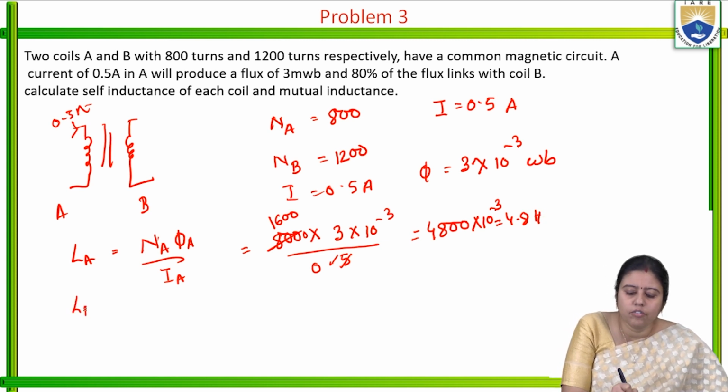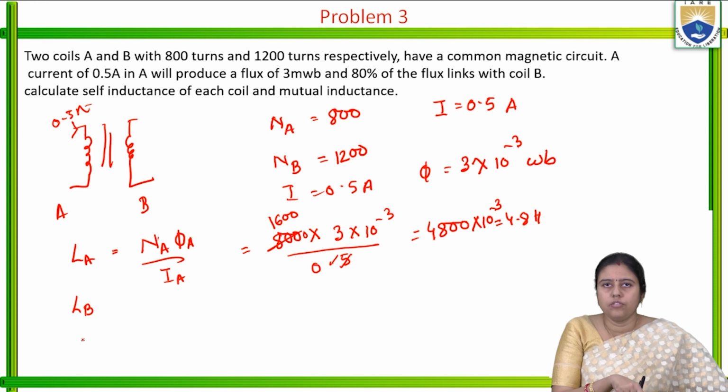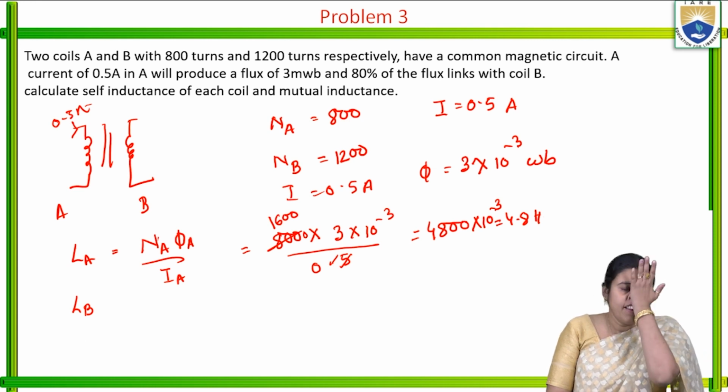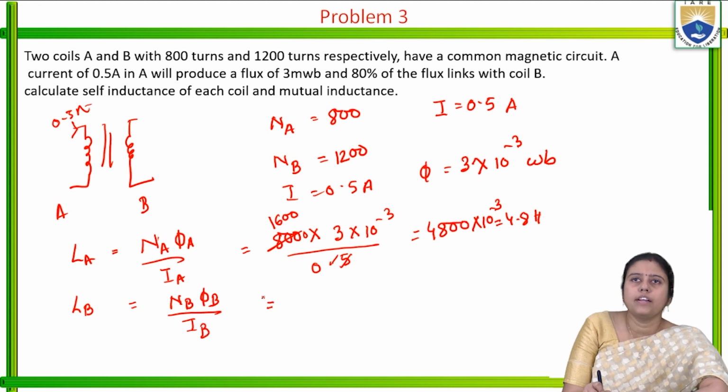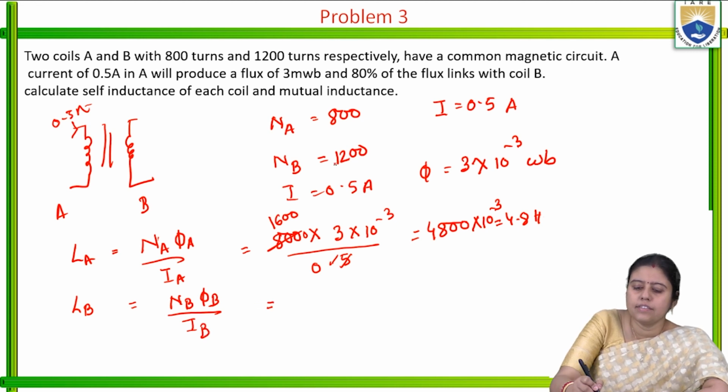Similarly, we can calculate the LB also. How to calculate the LB? LB can be calculated as NB phi B divided by IB. What is the number of turns NB? NB is given as 1200.